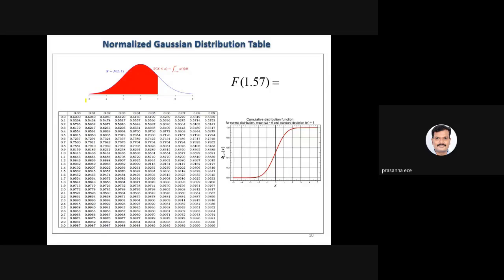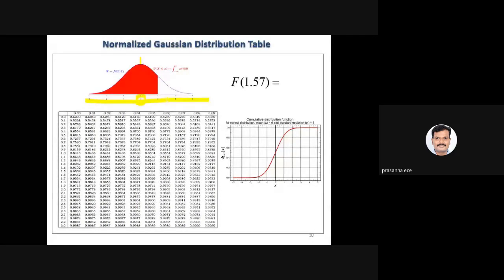Here you can see the plot of the Gaussian curve, and the Gaussian curve is centered at the origin. The peak occurs at the origin, and the values from -3 to +3 are shown. In the left column of the table there are some numbers ranging from 0 to 3.